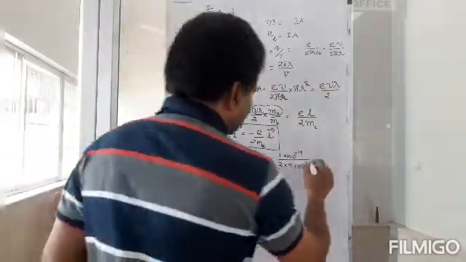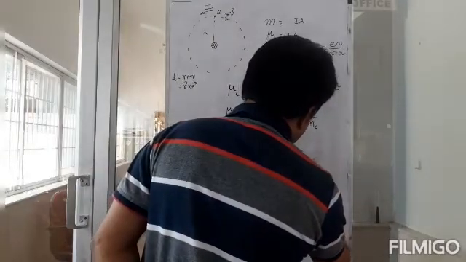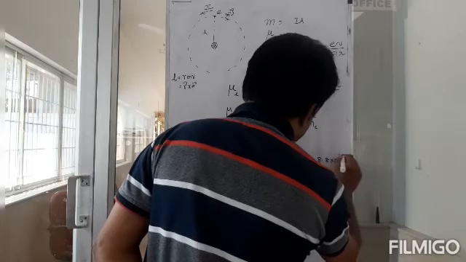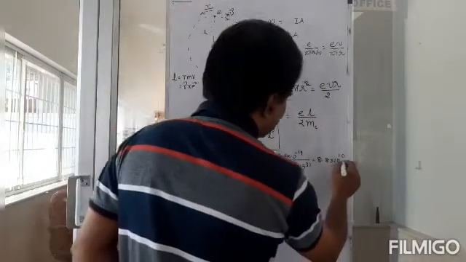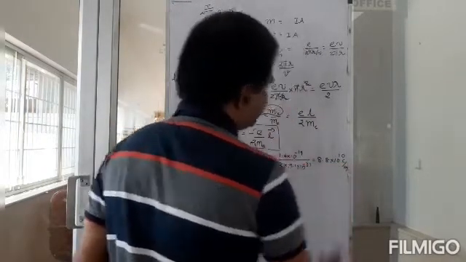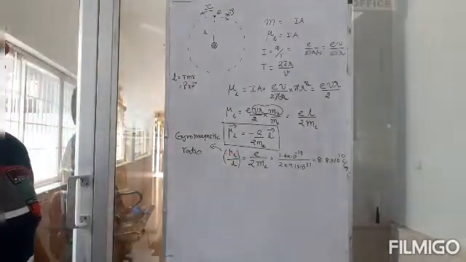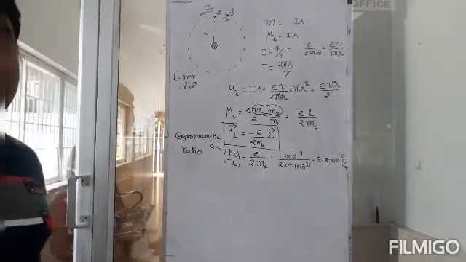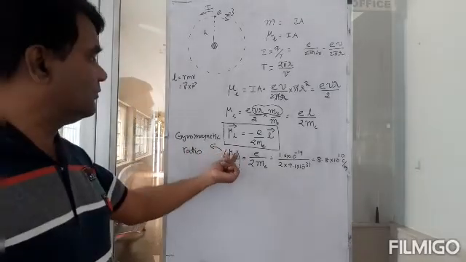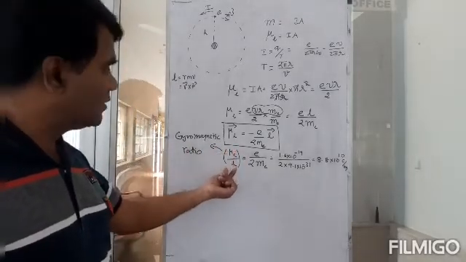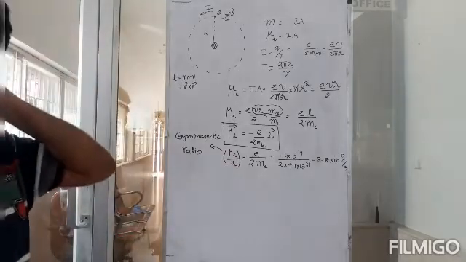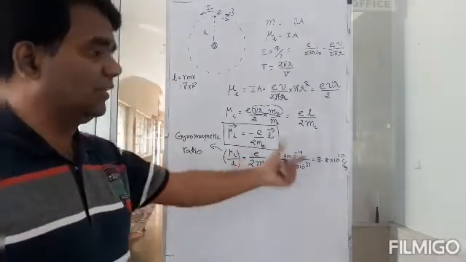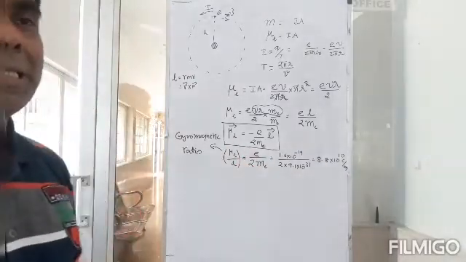It is equal to 8.8 into 10 power 10 coulomb per kg. So it's a constant number. This is called the gyromagnetic ratio, the magnetic dipole moment divided by the angular momentum of the electron.